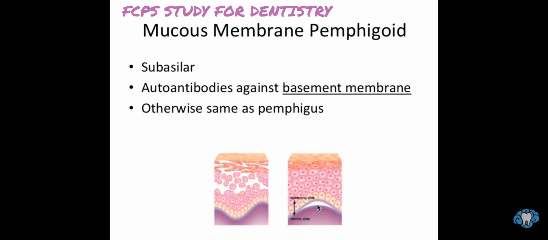So one way I remember this, which is I guess a little bit silly, is pemphigus is above, so it's higher up, and pemphigoid is below. You can think of probably a better way to remember this, but for me, this is one way to help differentiate pemphigus and pemphigoid, which are otherwise very similar in clinical appearance.